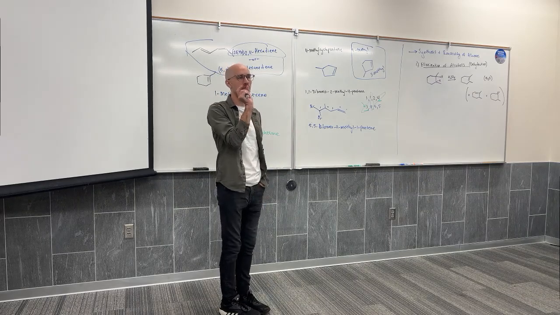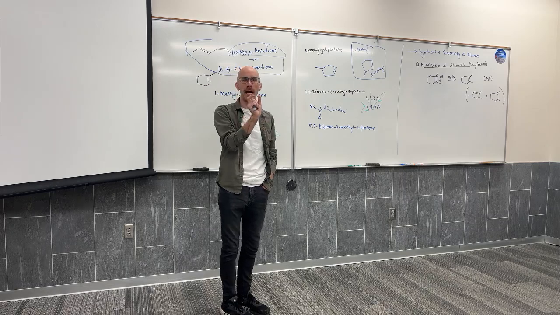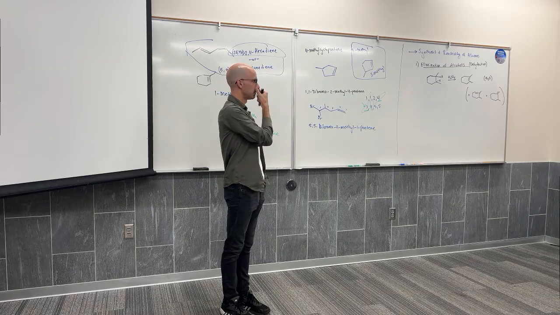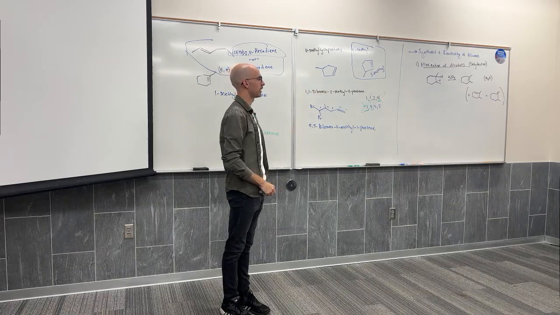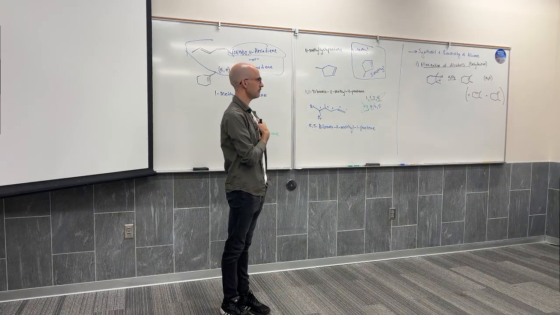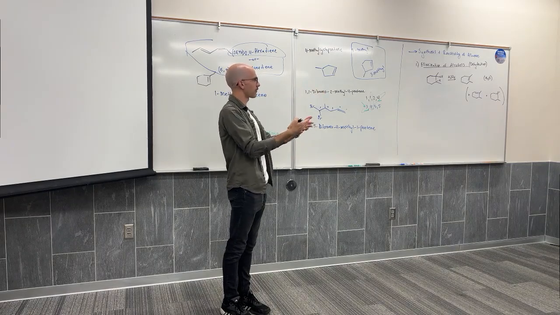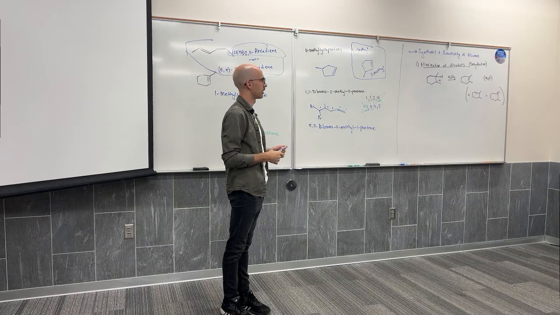And they just form to much, much smaller amounts. They're considered minor products. They're not going to be the ones that we focus on predicting. But it's all regiochemistry, and they all are formed by slightly different variations in a reaction mechanism.